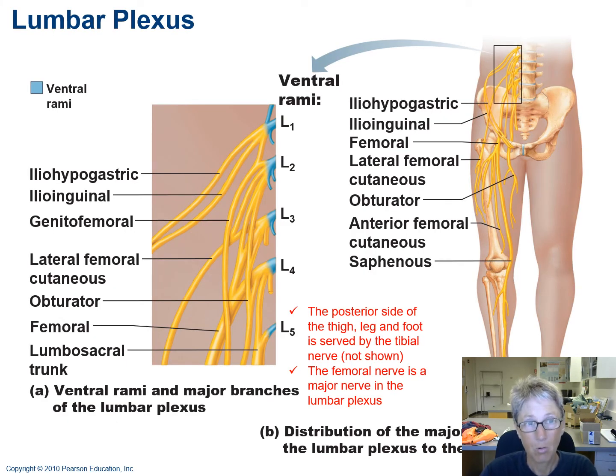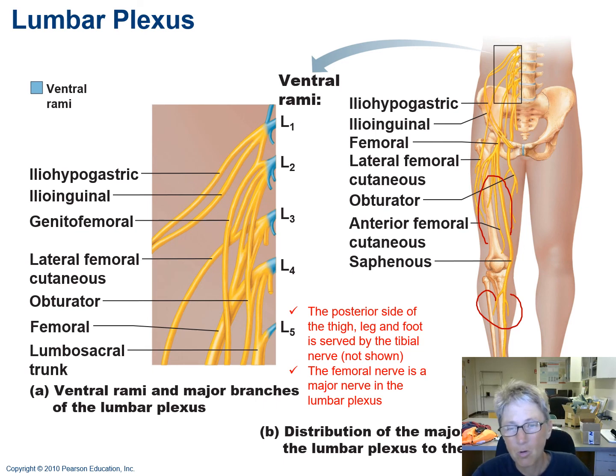So in our tour of plexuses, here's the lumbar plexus. So here you have the ventral rami, and from the ventral rami you form the nerves of the lumbar plexus. So the posterior side of the thigh, the leg, and the foot is all served by the tibial nerve.